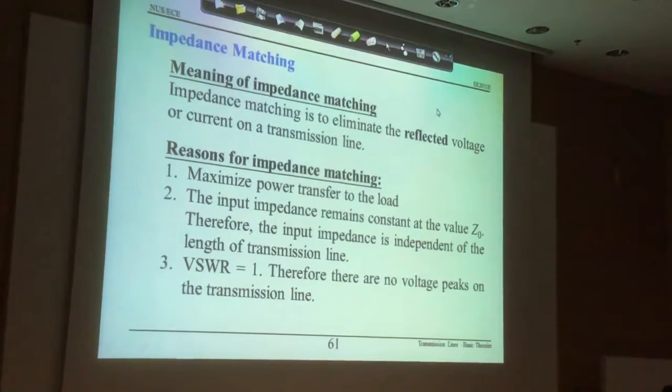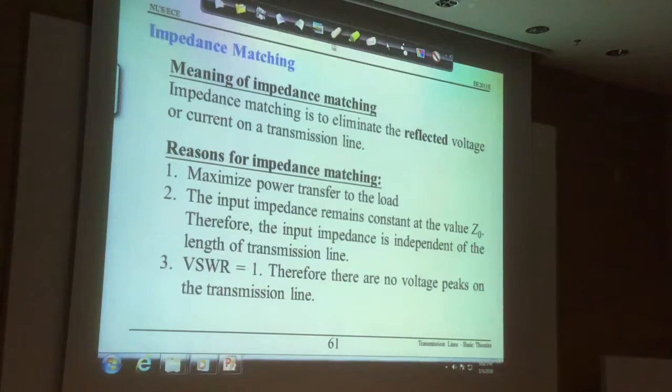Impedance matching is to eliminate the reflected voltage or current on the transmission line. Why do we need to do impedance matching? For this part, we gradually move on to real-world problems.